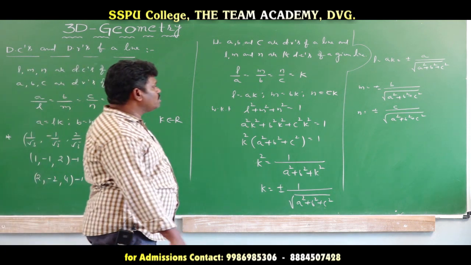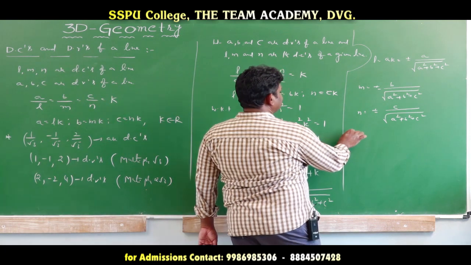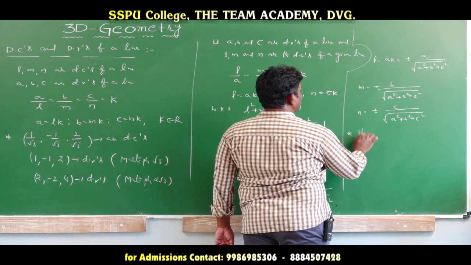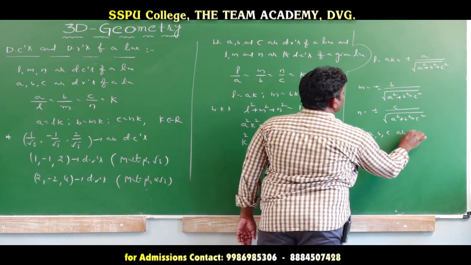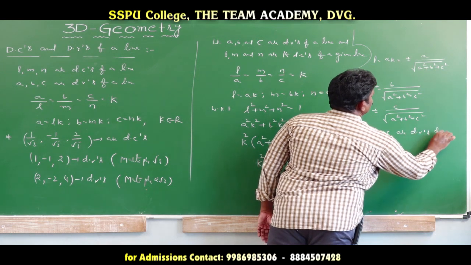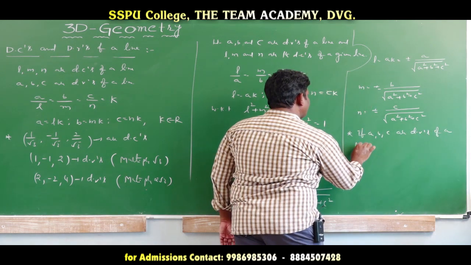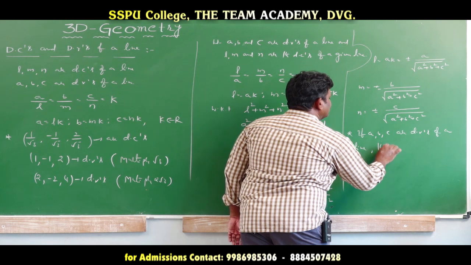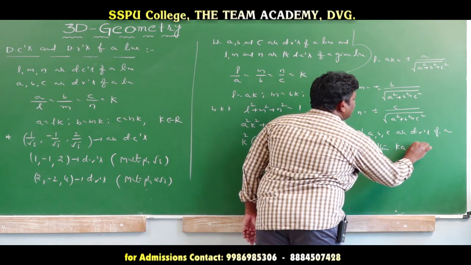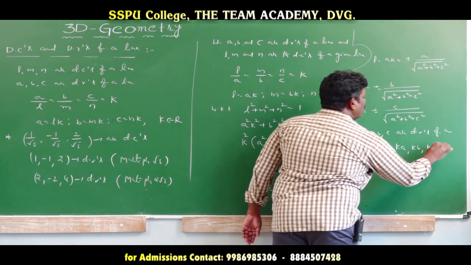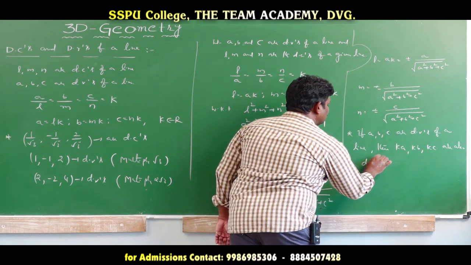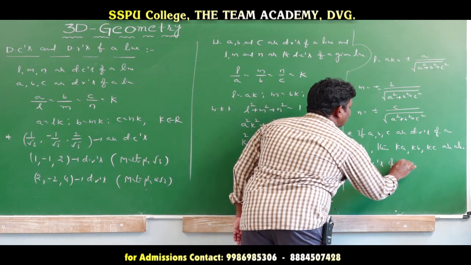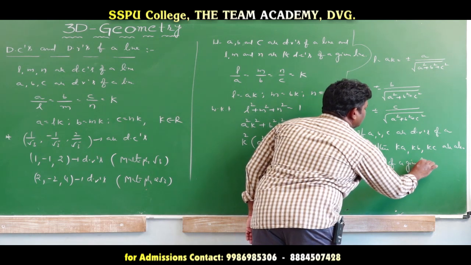So that's why, if a, b, c are direction ratios of a line, then ka, kb, kc are also direction ratios of the given line.